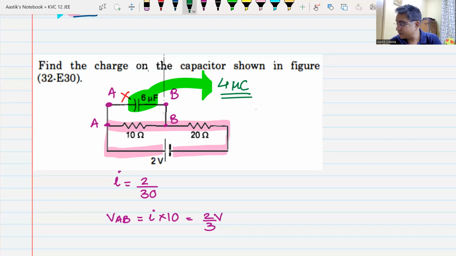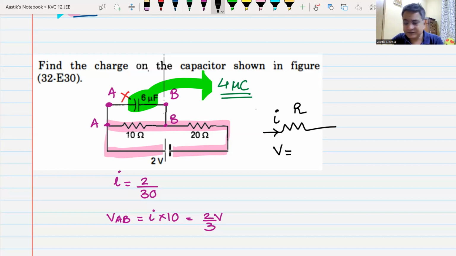If this is a resistor, the value of resistance is R and current is I. What is the potential drop across the resistor? IR, sir. That is what I have done, I into R. Have I done anything different?